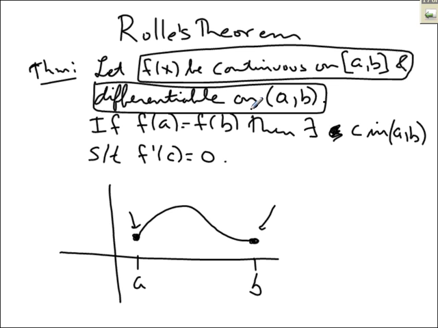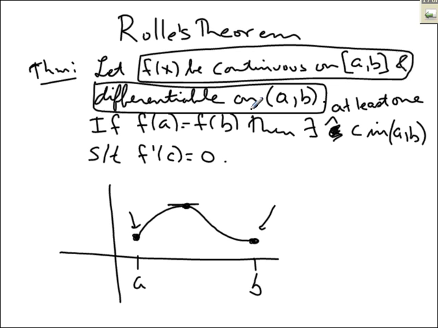Now, what Rolle's theorem is saying is that there exists, I'm just going to change the wording, there exists at least one C in the interval where the derivative is 0. And here it is. Derivative is 0.